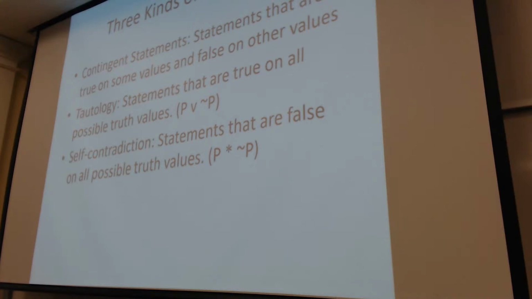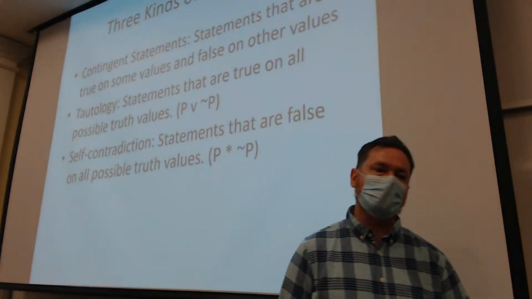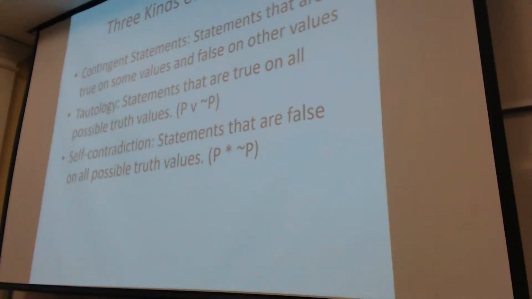However, there are 2 special kinds of statements, tautologies and self-contradictory statements. Tautologies are statements that are true regardless of the values of the constituent letters, because the statement is true on all possible values. A classic example is P or not P. If P is true, the left side of the OR statement is true, and the statement will therefore be true.